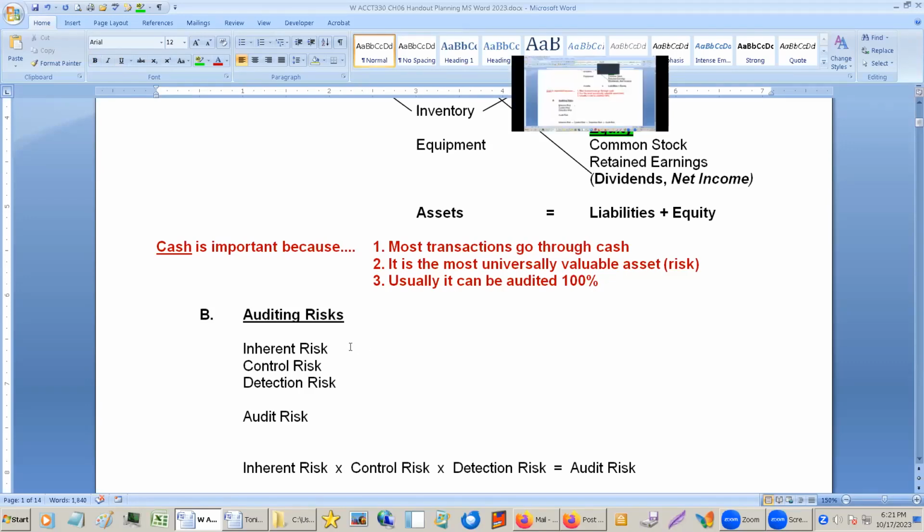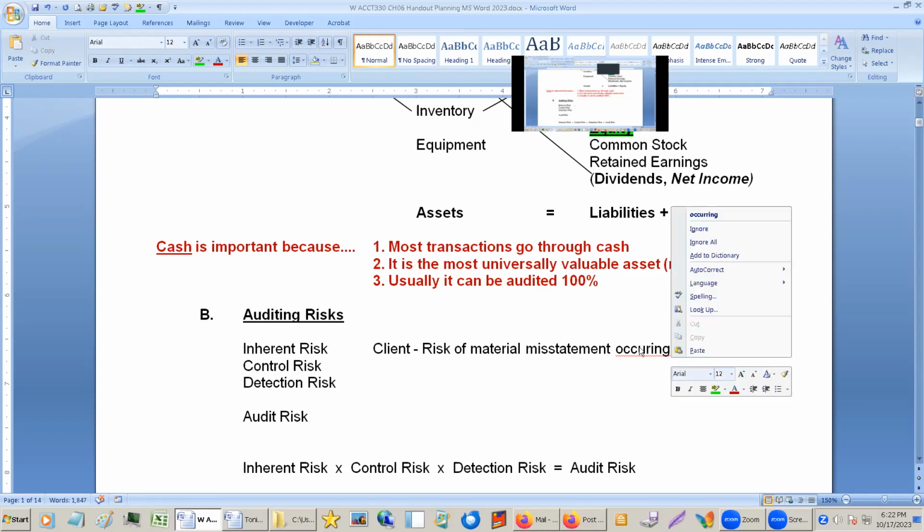The first two are by the client. So this is a client risk, and this is the risk of material misstatement. Oh, I need another R in there.